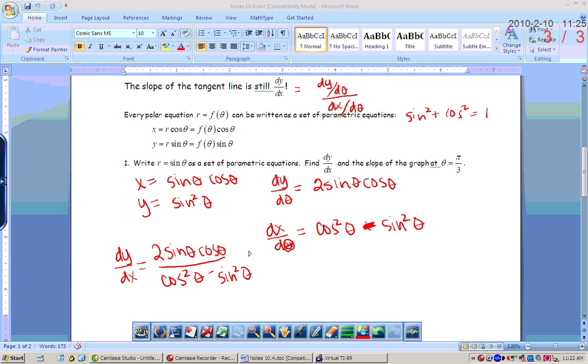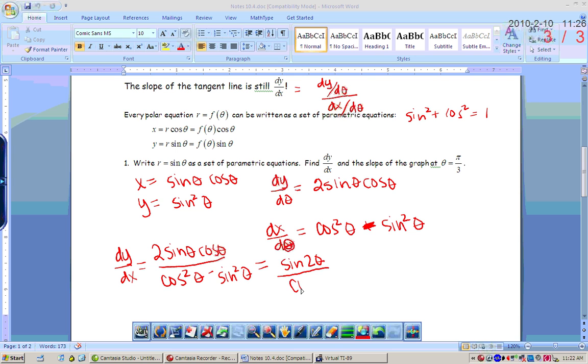However, both of those are properties from trig. Anyone remember what 2 sine x cosine x is? It's the double argument. 2 sine x cosine x, or 2 sine theta cosine theta, is the sine of 2 theta. Cosine squared minus sine squared is, if you had to guess, what would it be?